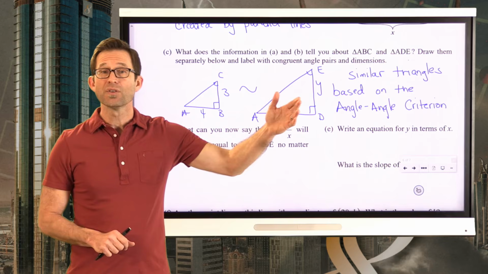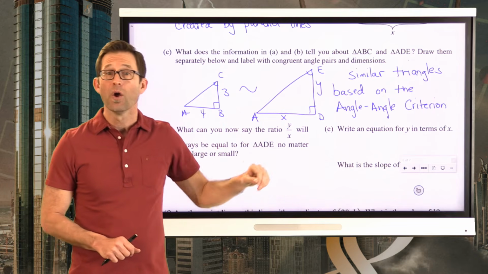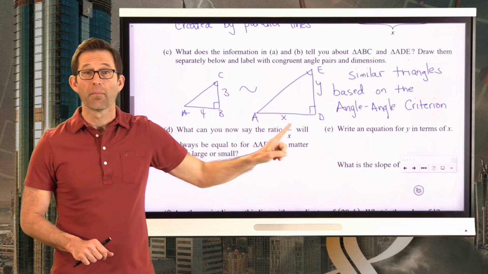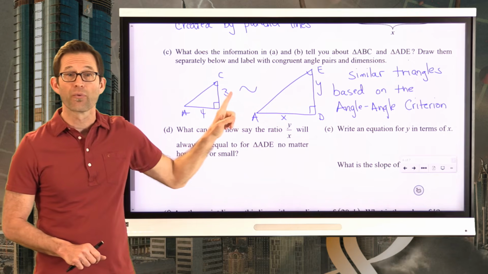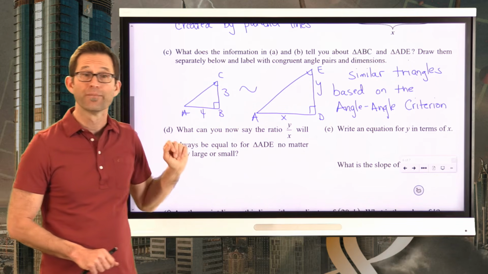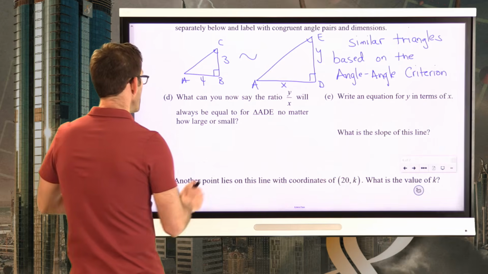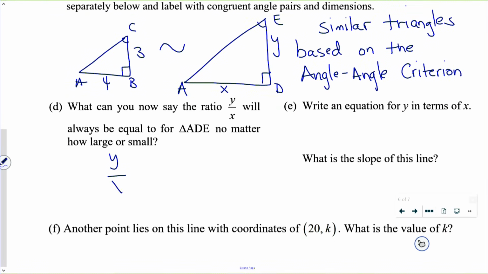Well, because the two triangles are similar, right, we can say y divided by x must be equal to 3 divided by 4. All right, so y divided by x must be equal to 3 divided by 4.